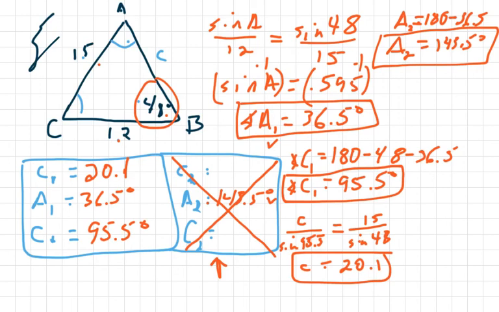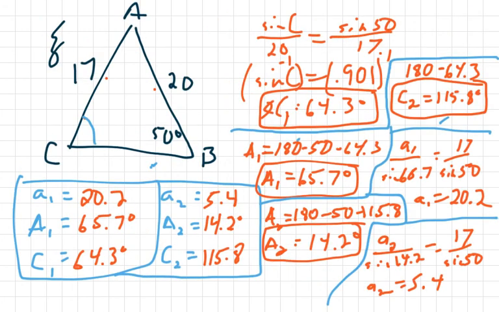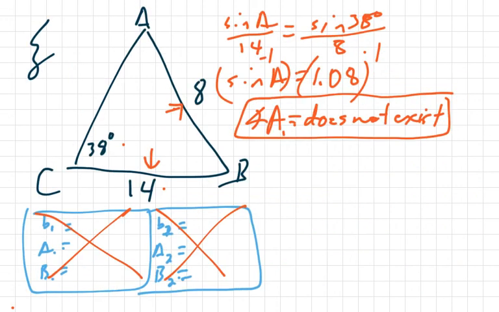So, on a triangle where there was only one triangle, the side opposite the angle you were given was bigger than the other side. On the ambiguous cases, the side opposite the angle you were given was smaller than the other side, right? Just like in this one.